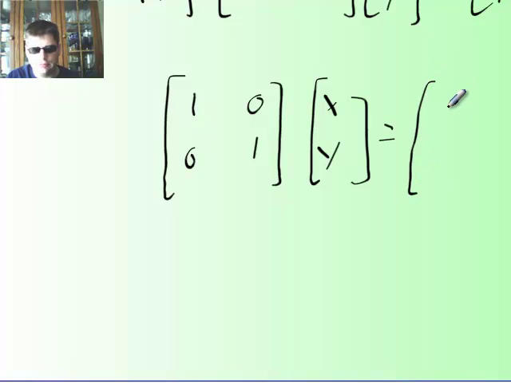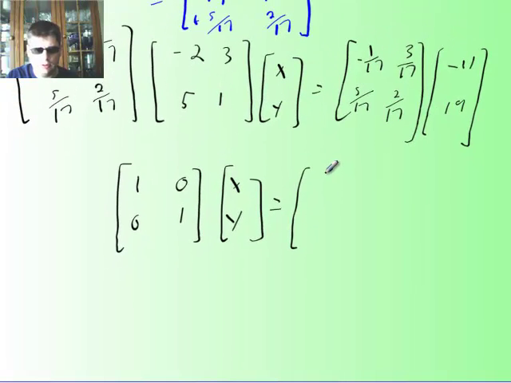Alright, so we got some fractions here. Thankfully we're just multiplying these and they have the same denominator. Okay, so it'll be positive 11/17 plus, and let's see, 3 times 19 gives us 57, so we'll say 57 over 17.